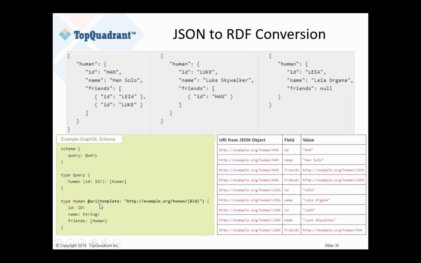The mechanism that we have defined allows you to merge them all together, to basically turn all those trees back into RDF graphs on the server.